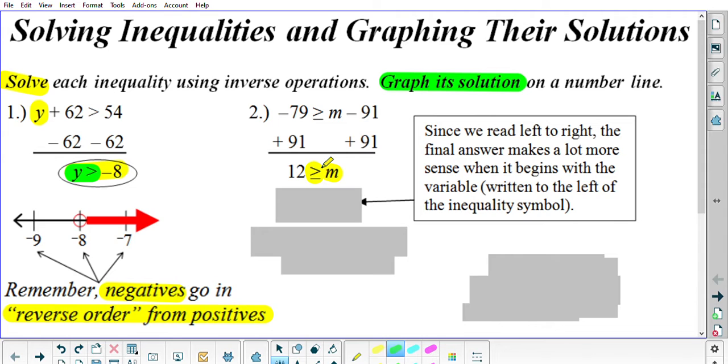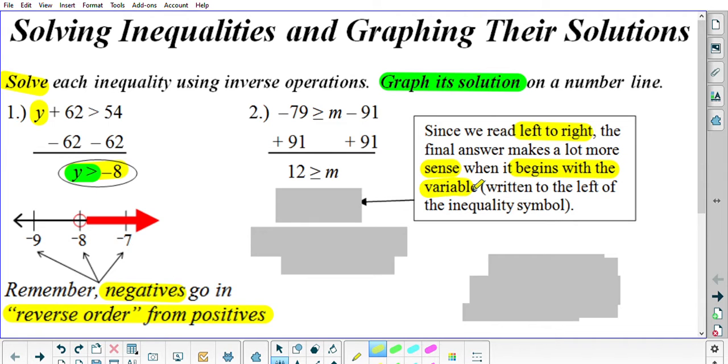Why not? Why is this different? It's because the variable is not written first. When I say first, I mean on the left side of the inequality symbol. Instead of the variable being there, we have the number there. So why does that matter? Well, if you check out this information box off to the side, you will see that since we always read left to right, the final answer makes a lot more sense when it begins with the variable.